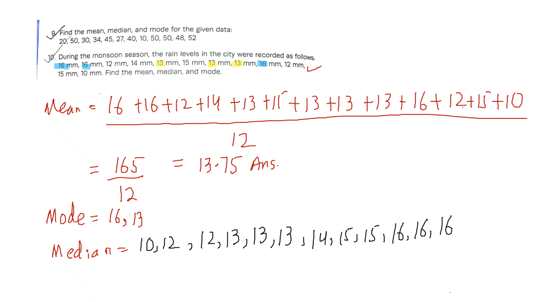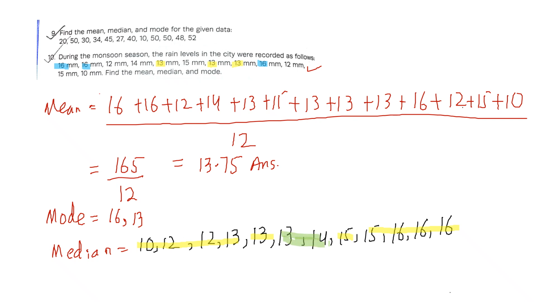Okay, as I arrange these, now I will equally divide these. Let's remove 4 from here, and 4 from here, 1 from here, 1 from here. I got two values in the middle, which are 13 and 14.